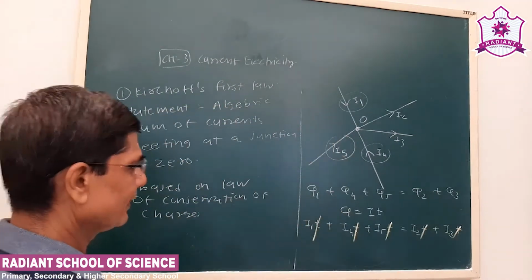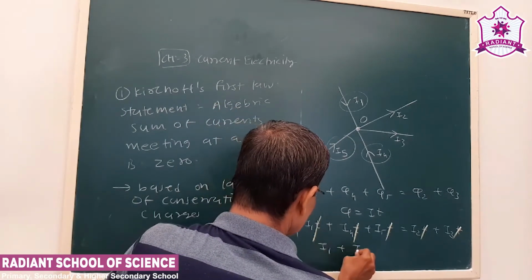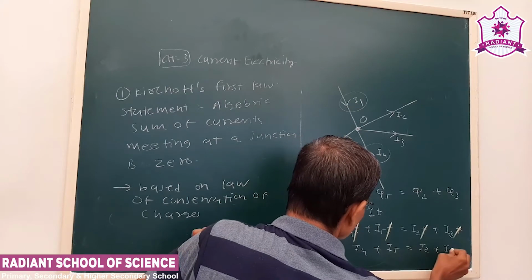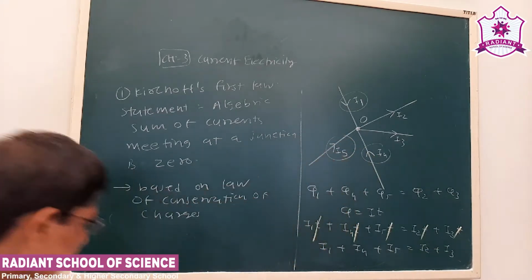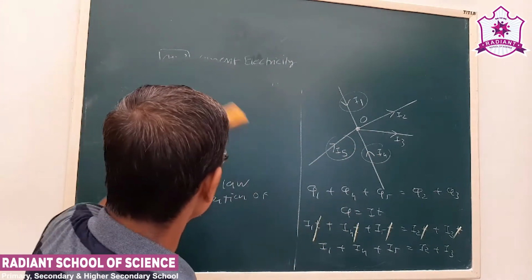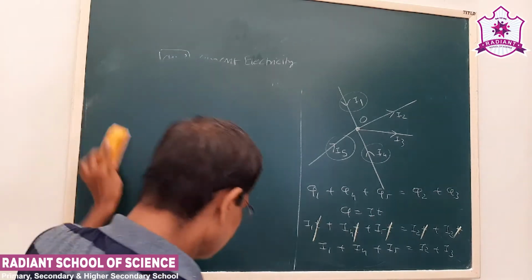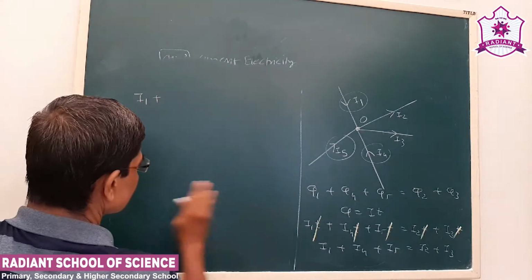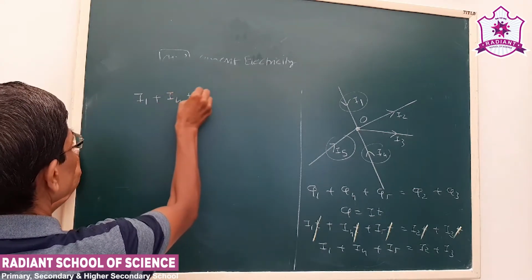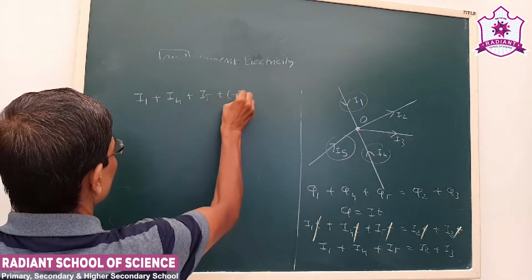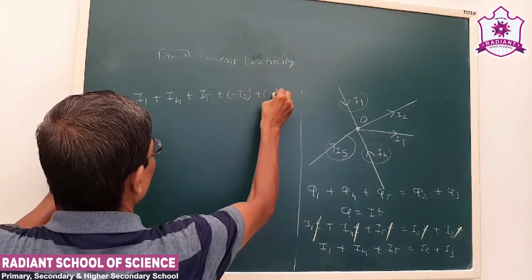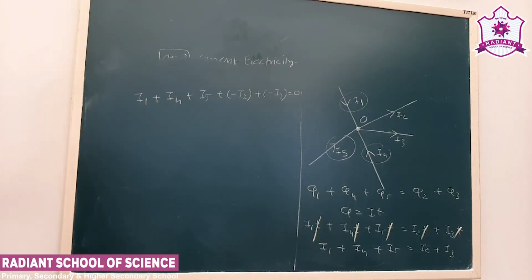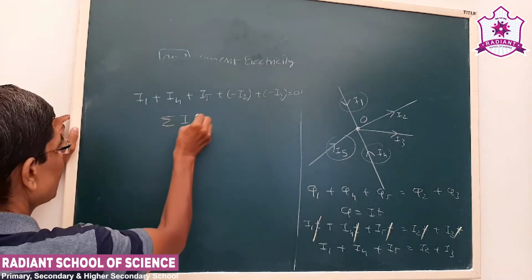So we can say I1 plus I4, and so on. In generalized form we can say sigma I is 0.